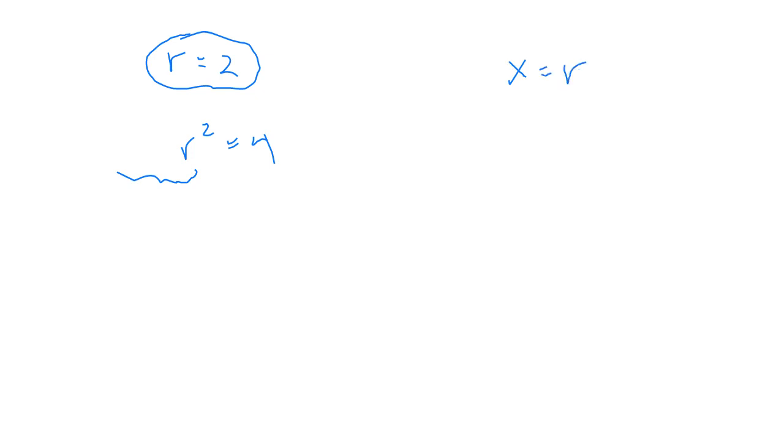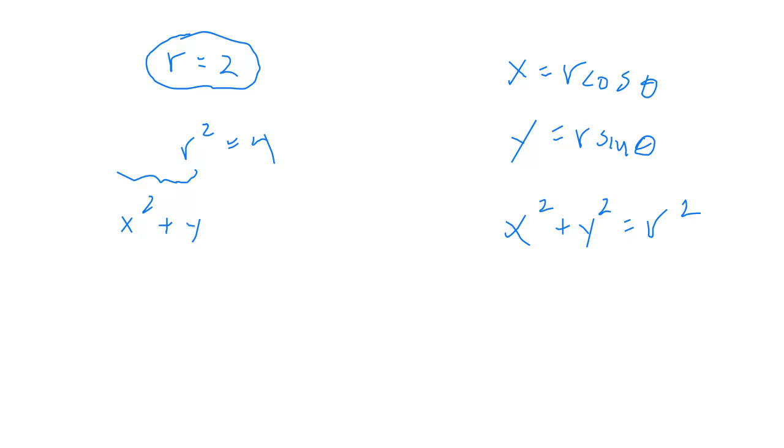So x equals r cosine theta, y equals r sine of theta, and x squared plus y squared is equal to r squared, right? So r squared is x squared plus y squared. That equals 4.